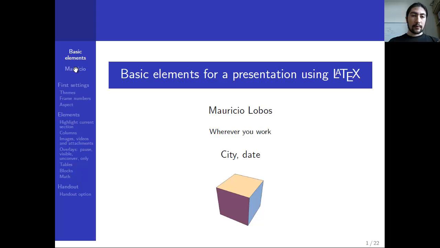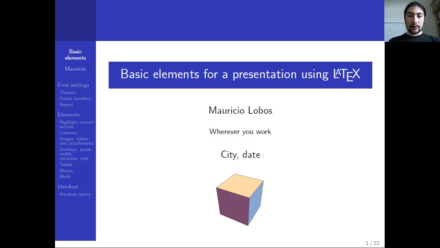For example, in the Berkeley theme, you have here a sidebar with links to all of the sections and subsections that you have within your presentation, which is actually very useful, since over time you see the progress there.